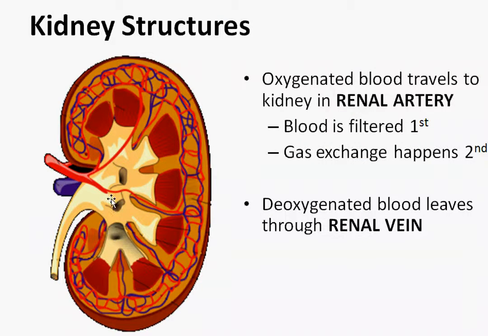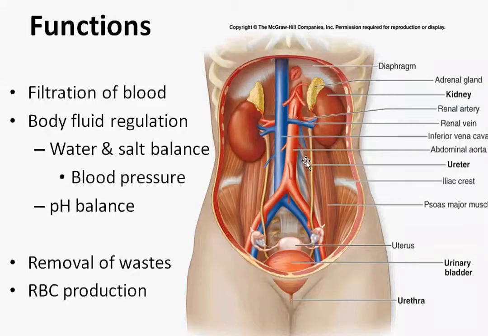Some other structure things: the renal artery and renal vein, which you can see are here on either side, being supplied by and dumping into the largest artery and vein in our body, the abdominal aorta and inferior vena cava.